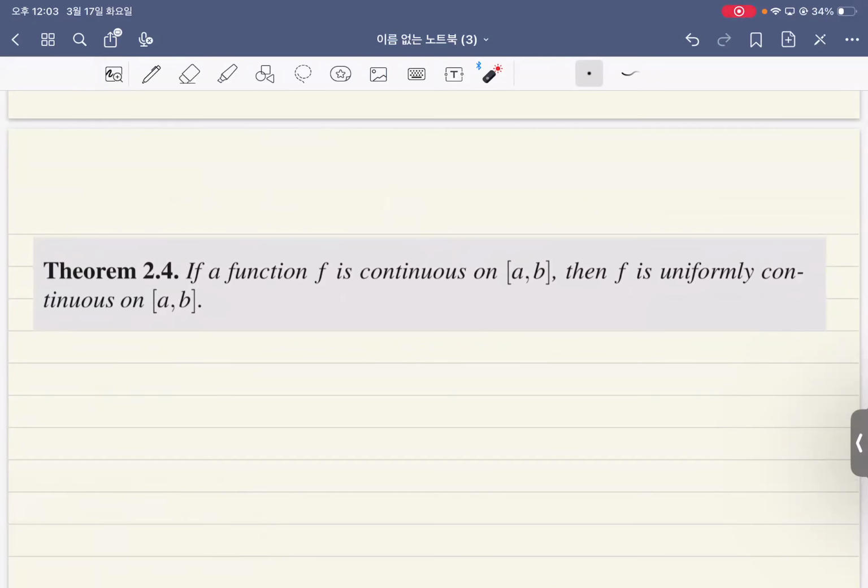If f is continuous everywhere on this closed and bounded interval, then f is uniformly continuous on it.